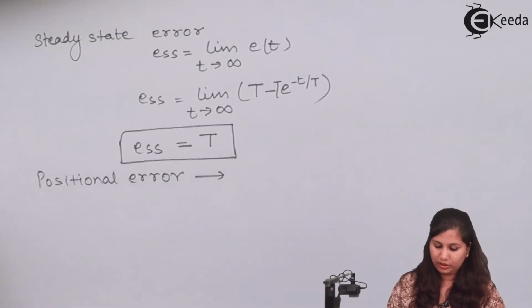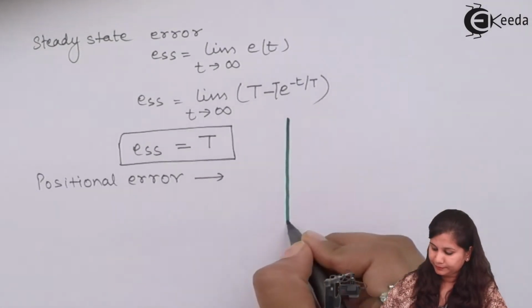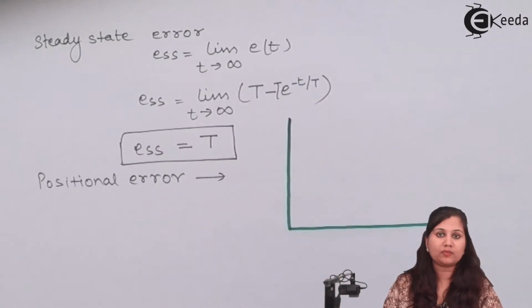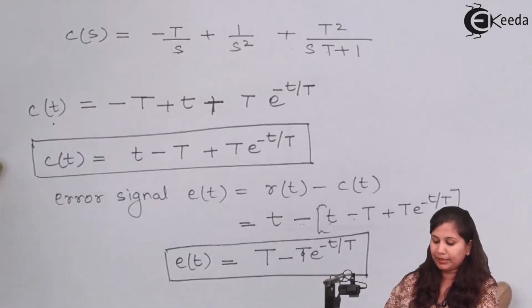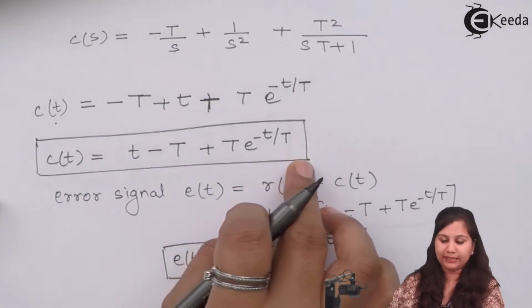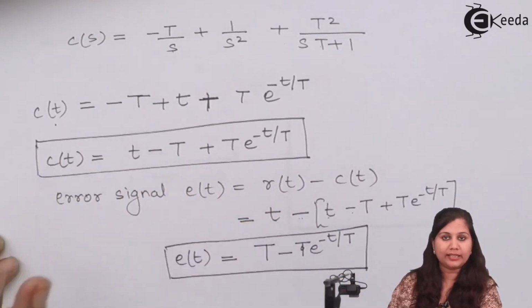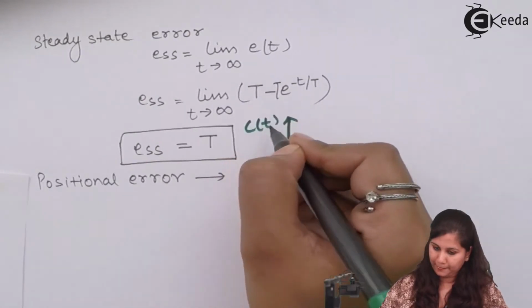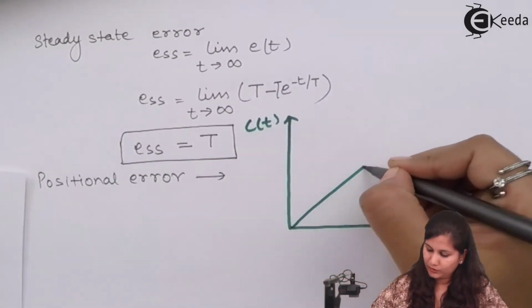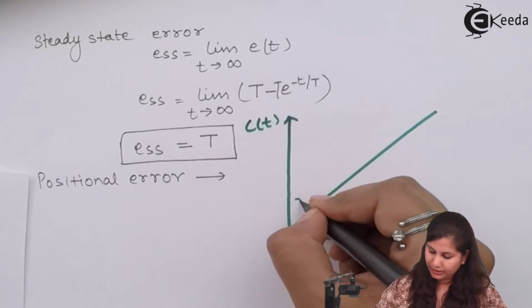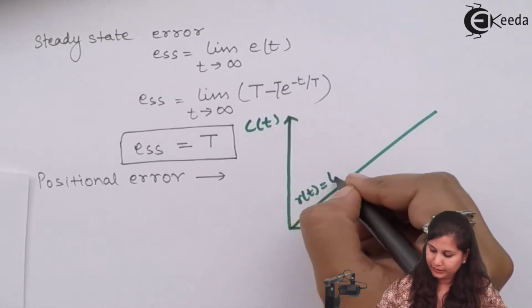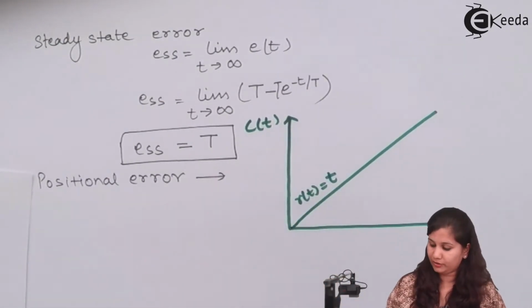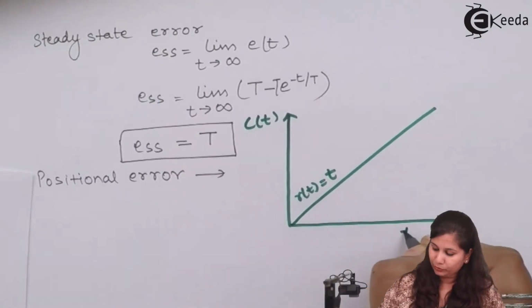It is called positional error because the output is lagging behind the input. If we draw the output response, it was t minus T plus T e raised to the power minus t by T. So t was our input. This was our input, which is r(t) equals t, the unit ramp function, with respect to time.